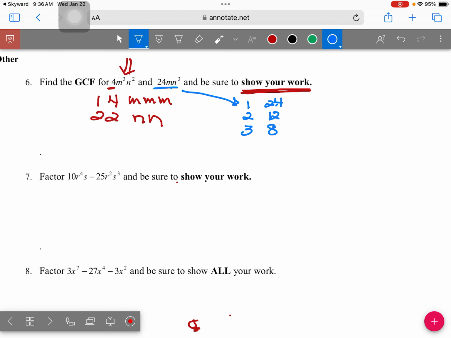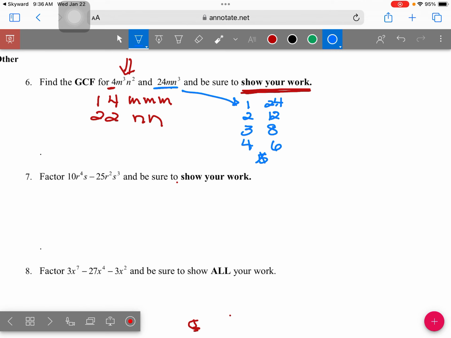How about 4? 4 and 6. So if you don't know your factors really well, you got to be checking with your calculator, saying 24 divided by 3. Does that work out to be a whole number? 24 divided by 4, is that a whole number? How about 5? 5 does not. And then it goes back up to 6, so you know you've got them all.